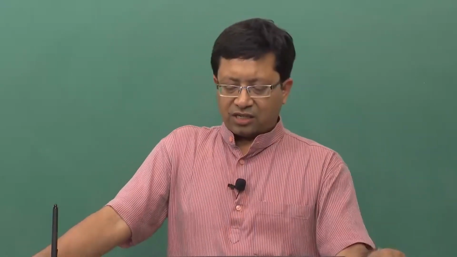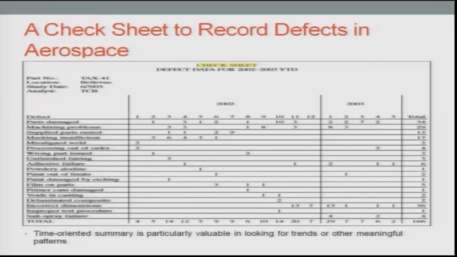A check sheet is given here for information, with a very brief background. The last two columns have the 2003 data and the total number of defects for the years 2002 and 2003, and the middle column is the yearly data for 2002. The leftmost column has the entities, the different types of defects.